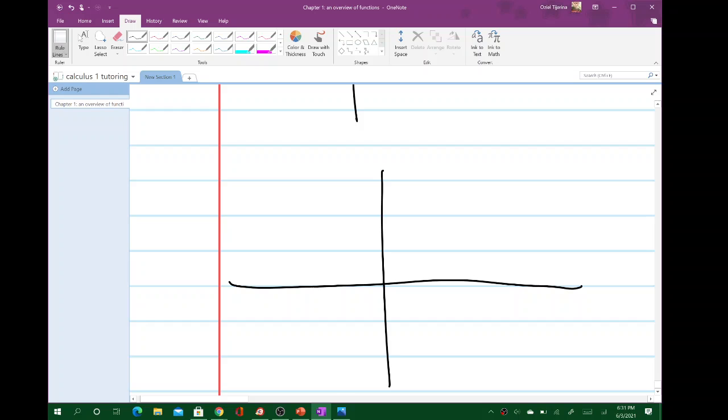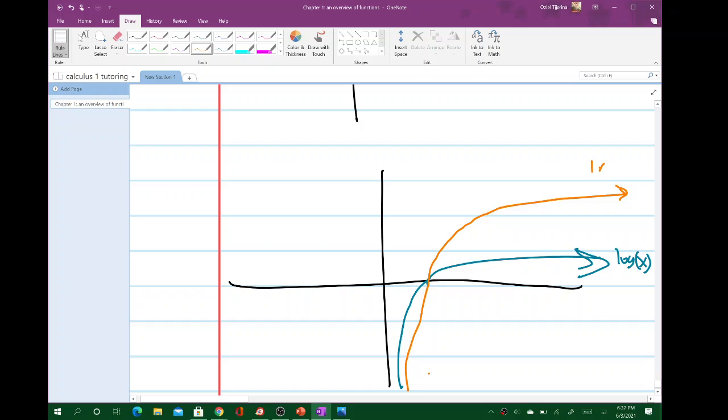So in reality, you would have something like this would be log of x, and then this would be natural log of x, or ln of x.